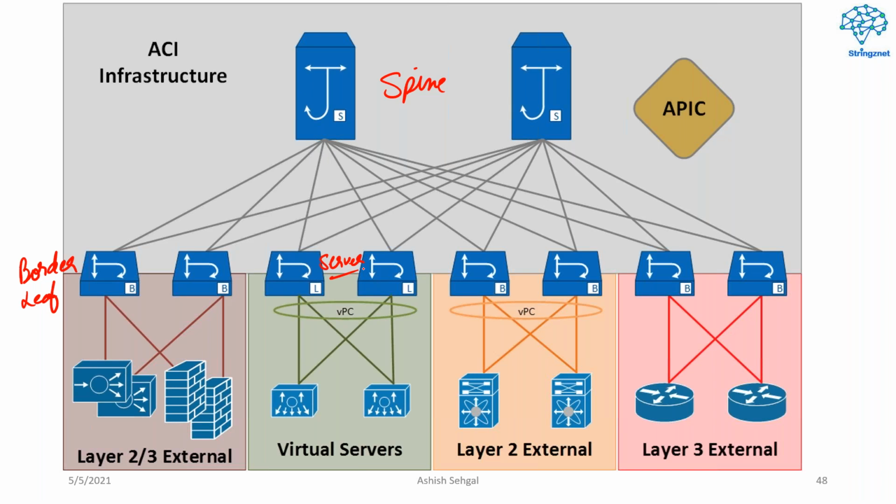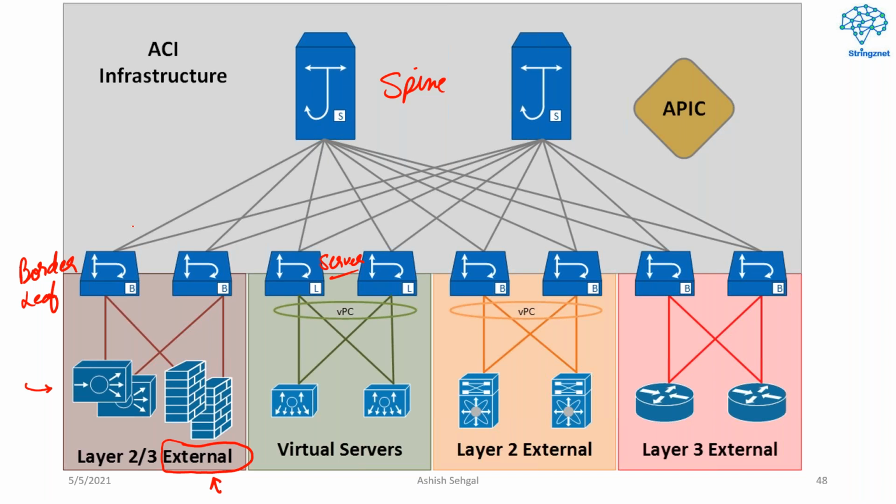Okay, what is a border leaf? A border leaf is a leaf which is connected to either layer 2 or layer 3 external devices, that is, devices which are not participating inside the ACI fabric. These devices belong to a traditional network, but they are connected to the ACI fabric.